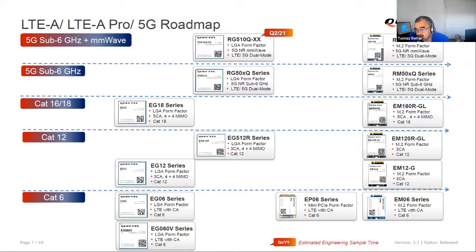But on the other side, if you are doing devices where you are soldering the module, by Quectel there are two form factors, and the second form factor is actually pin compatible also with the LTE Cat12 module.